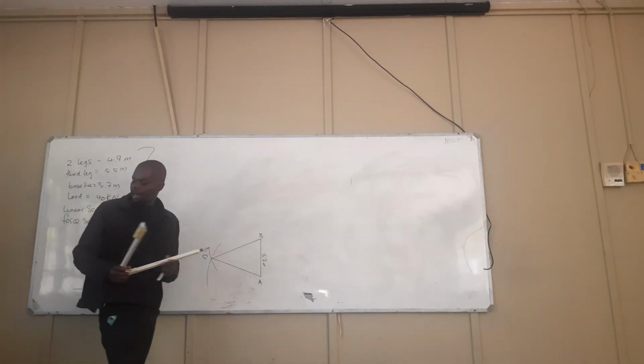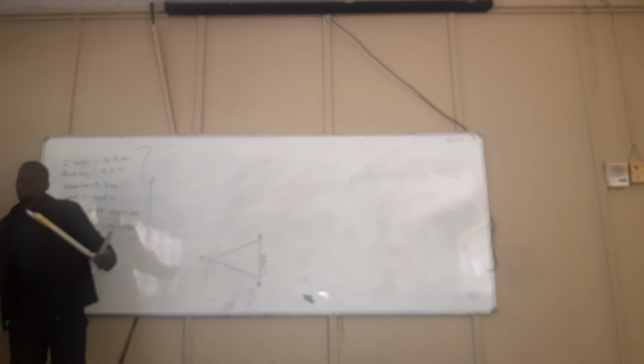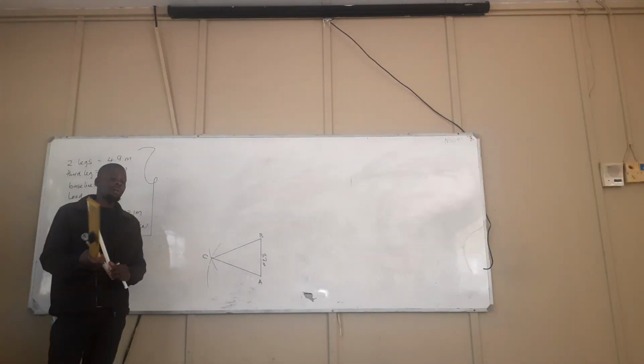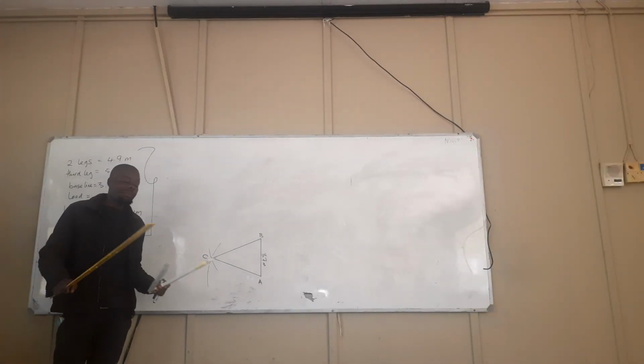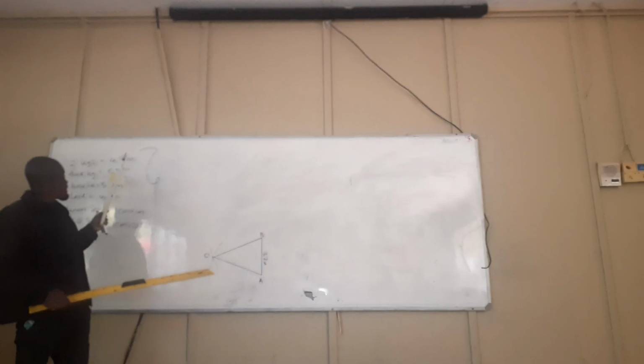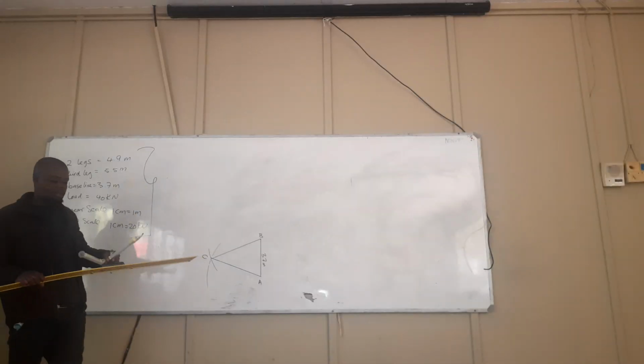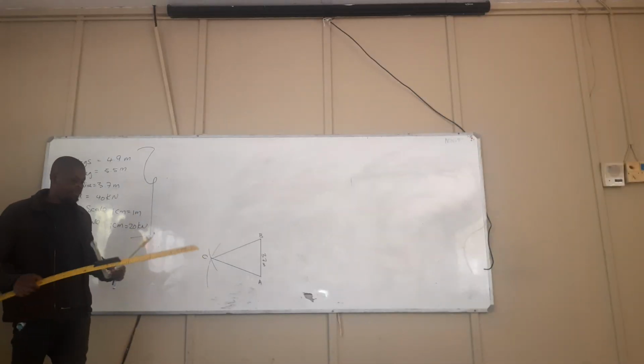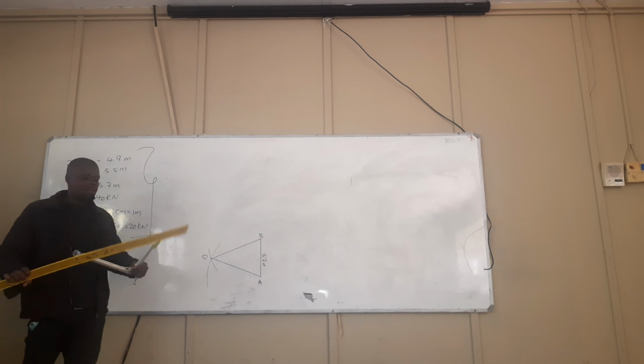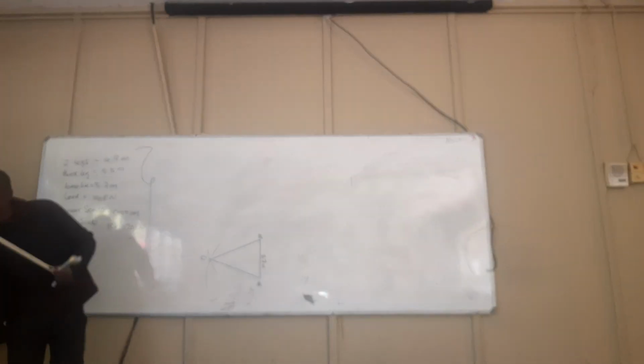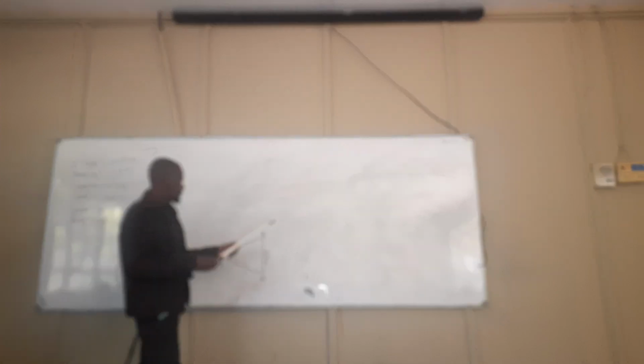So you take your ruler again, measure a distance of 49 millimeters. That will be representing obviously 4.9 meters, right? Don't forget we say the two of the legs, they are equal, right? From the base we go to the legs, 4.9.